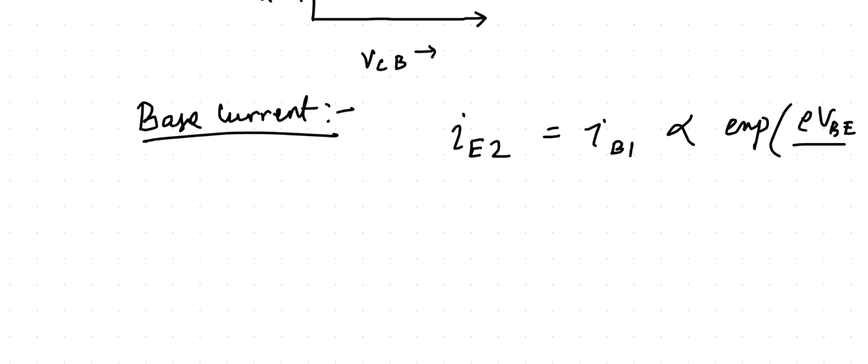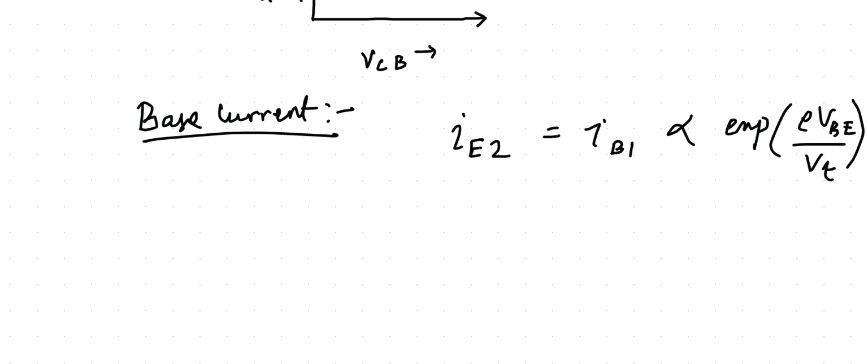There will be some recombination of minority electrons with majority holes in the base, because when electrons move from the emitter towards the base, some amount of recombination occurs. Electrons will recombine with holes. Since majority carrier holes in the base are disappearing, they must be resupplied by a flow of positive charge into the base terminal.